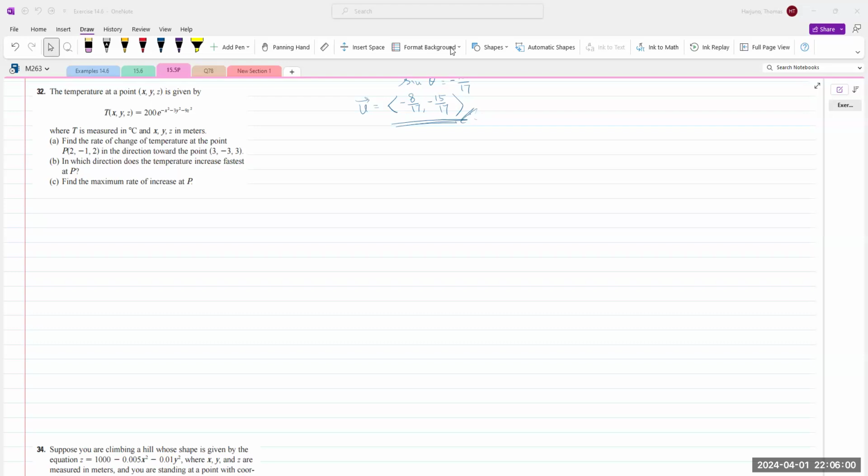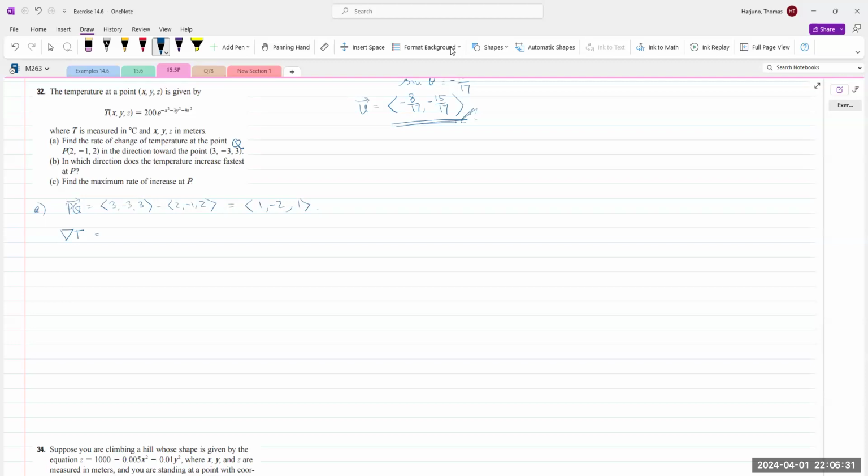Let's call this point Q. PQ will be 3, negative 3, 3 minus 2, negative 1, 2. That will be 1, negative 2, 1.